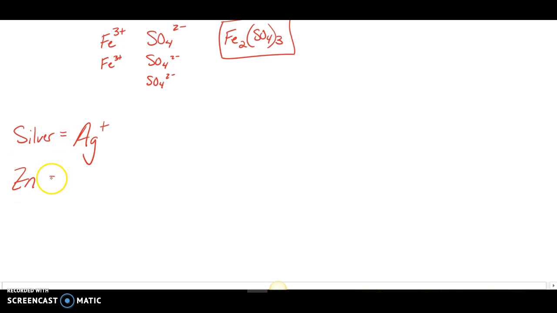Zinc is always +2. They come up a lot. You don't need to use a Roman numeral because silver is always going to be +1. Same thing with zinc. So AgNO3, for example, is just silver nitrate. You don't have to say silver(I) nitrate. It's redundant. Silver is only ever +1.